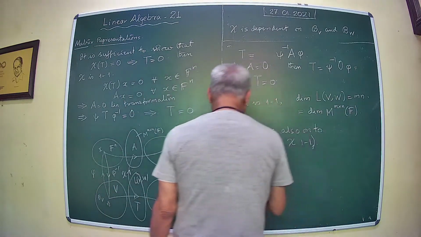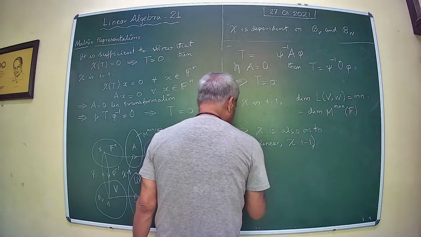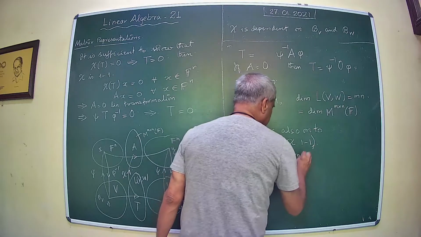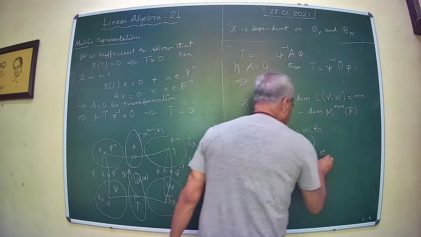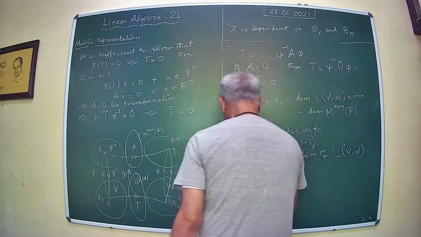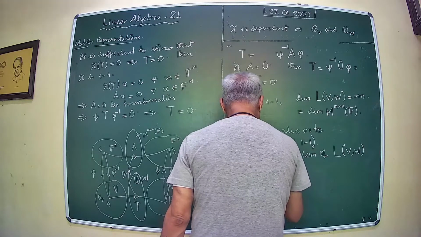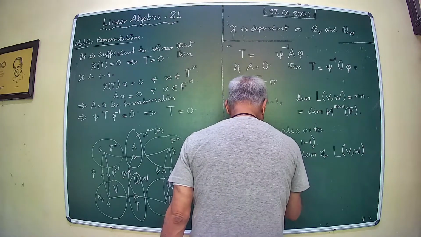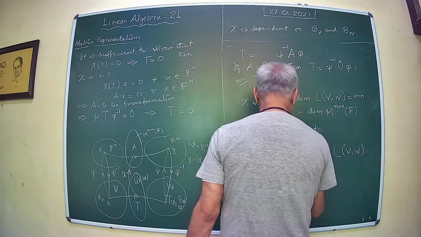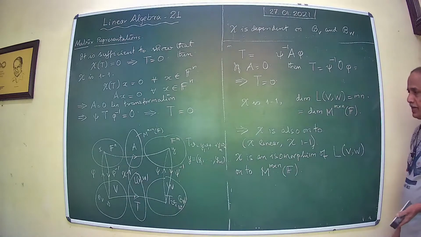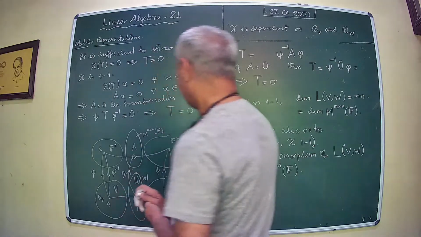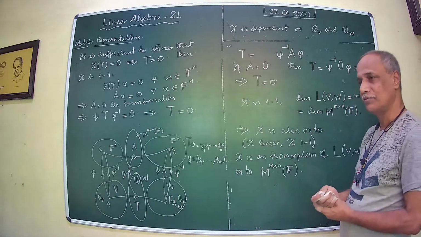Therefore, chi is an isomorphism. So we are identifying LBW with the whole of M cross N F.